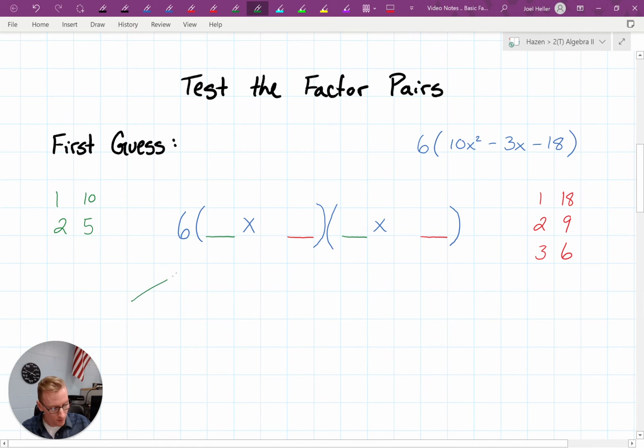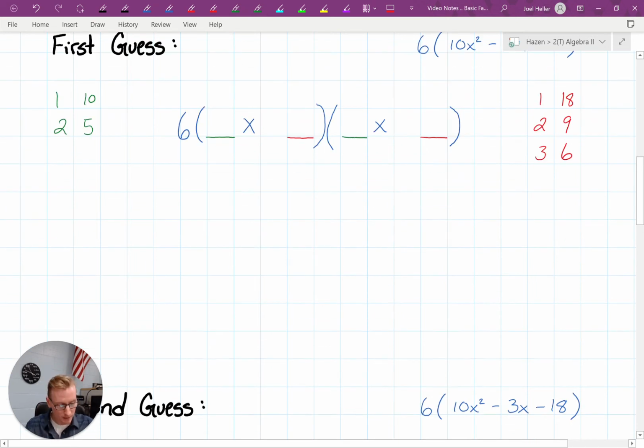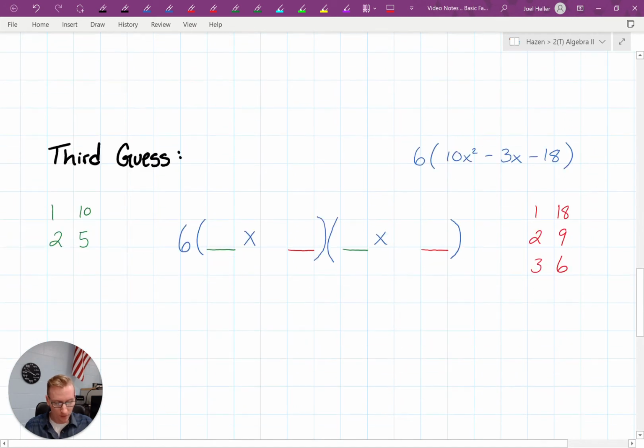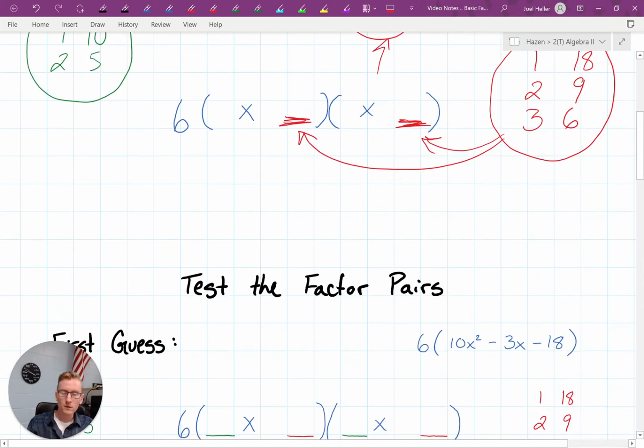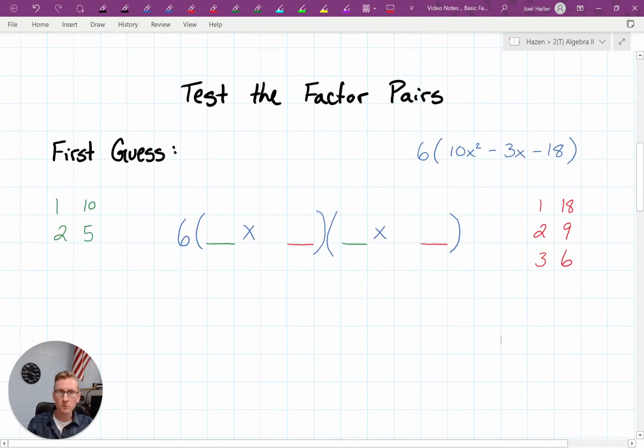I've got my format right there. That's the target. That's the polynomial that I'm trying to get to. There's the factor pairs of 10. There are the factor pairs of 18. So there's my first guess. Same thing, I got a second guess, I've got a third guess, and so on. You might have to do this multiple times before you find the right factor pair, and that's okay.